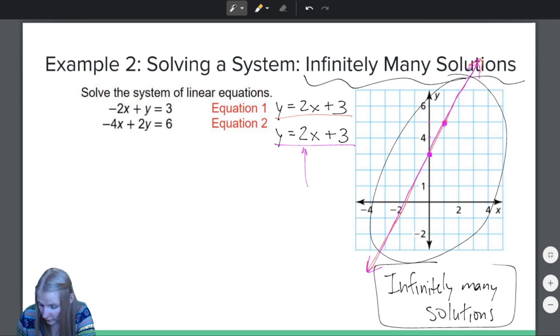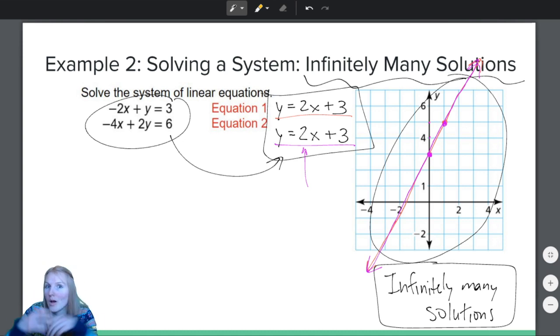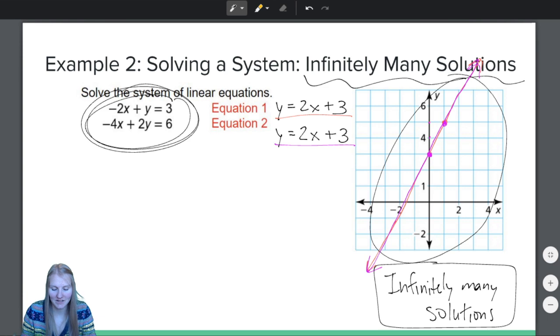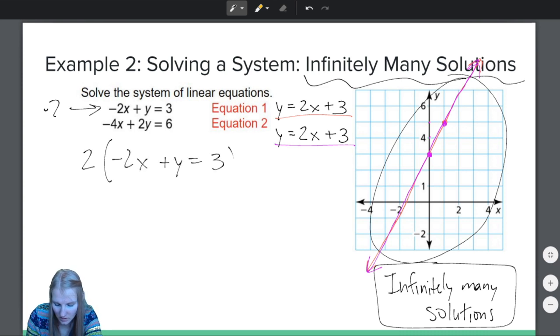Now, when we solved for y, when we took these and put them in y equals mx plus b form, we noticed that their equations are exactly the same. But if we look at this system over here, I can see that if I multiply the top equation by 2, I get 2 times negative 2 is negative 4x, 2 times y is 2y, and 2 times 3 is 6.